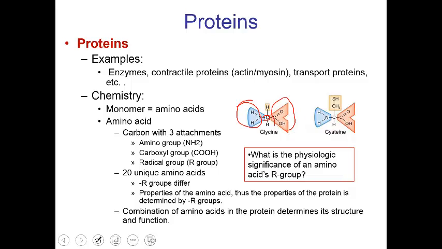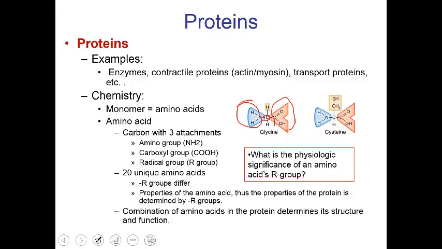That's common to each and every one of the 20 amino acids. What is different is what is referred to as the functional group, or the radical, or the R group. That is what differs from one amino acid to another amino acid. That functional group gives that protein its specific properties.